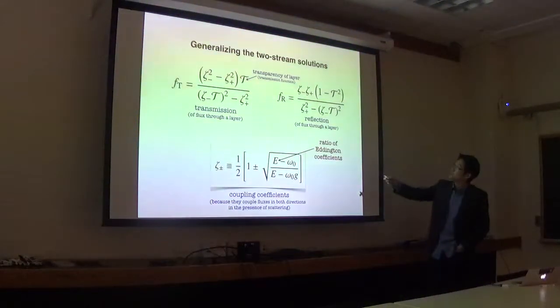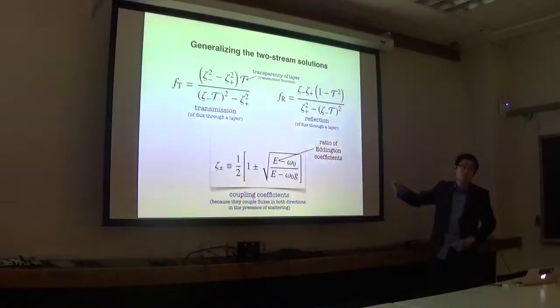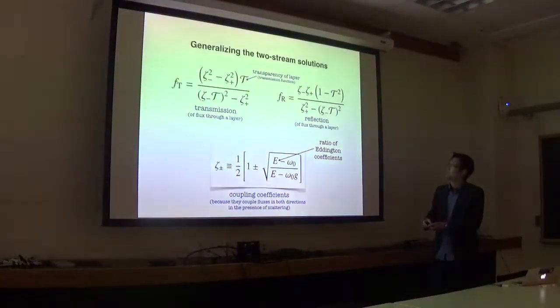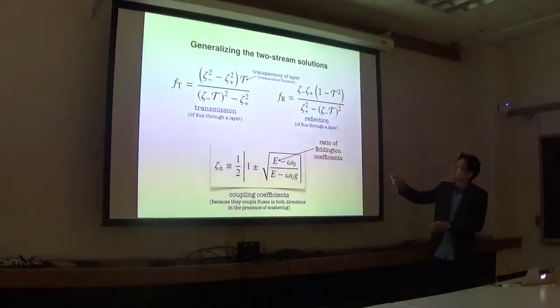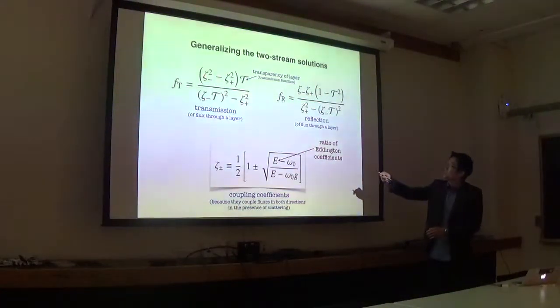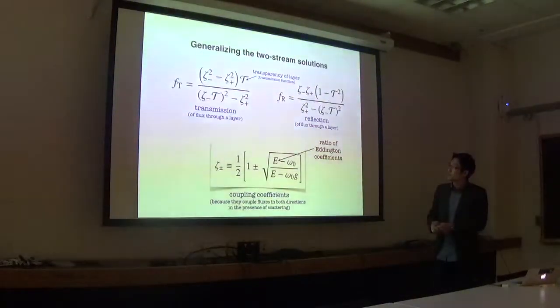This is a number between 0 and 1. Hidden in it are the complexities of the chemistry and the opacities that depend on temperature and pressure and so on. But if it's 0, the layer is opaque, and if it's 1, the layer is transparent. And these zeta plus and minus describe how absorbing or scattering you are.